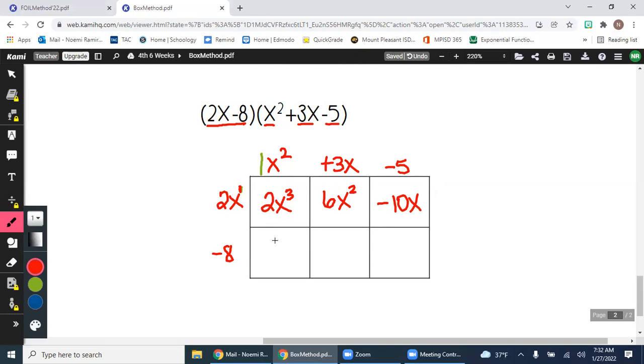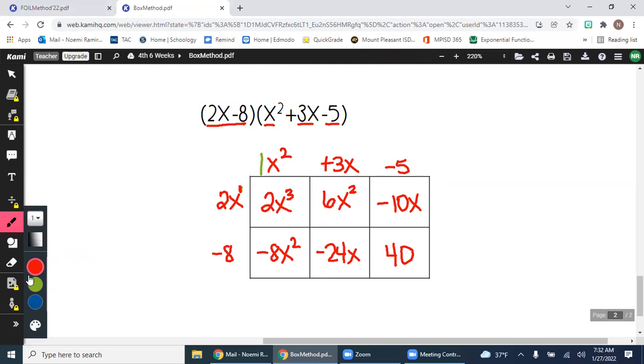Next, x squared times -8, -8x squared. 1 times -8, -8, drop that x squared. -8 times 3 for this box here. So -8 times 3 is -24. Put the x there. Last with last, -8 times -5 will give you a +40.